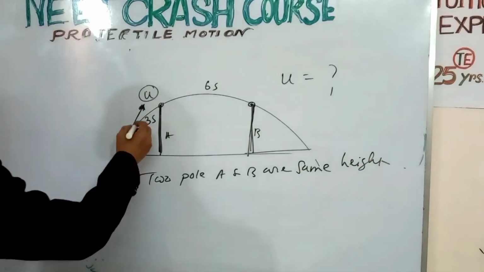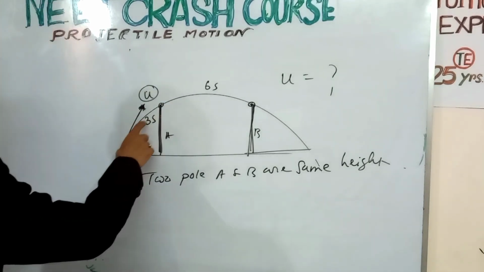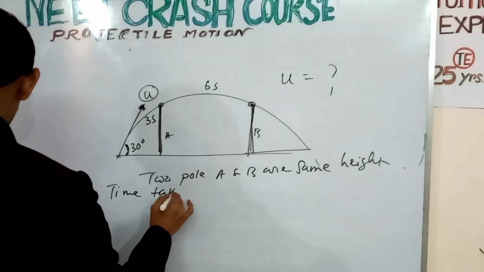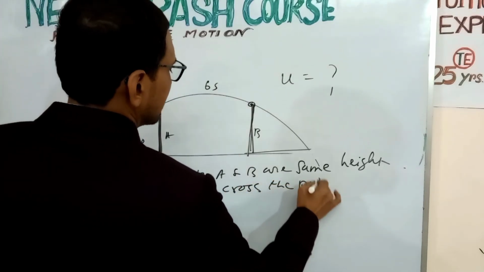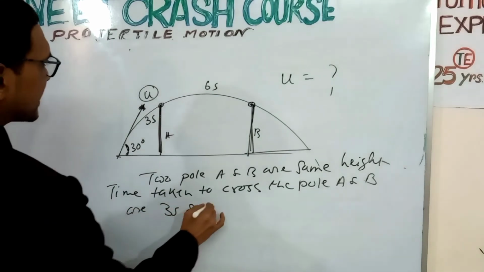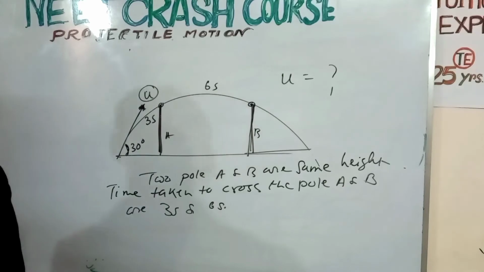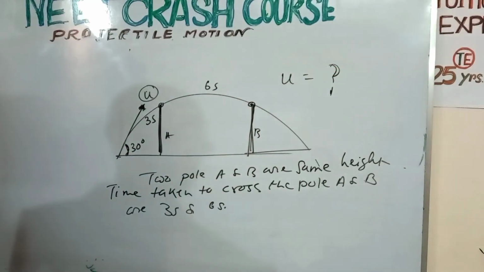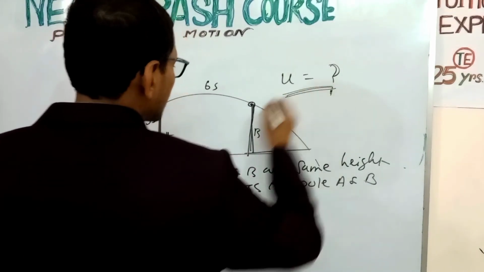The particle is projected with velocity u at an angle 30 degree. The times taken to cross poles A and B are 3 seconds and 6 seconds. So find u, that is the velocity of initial projection.